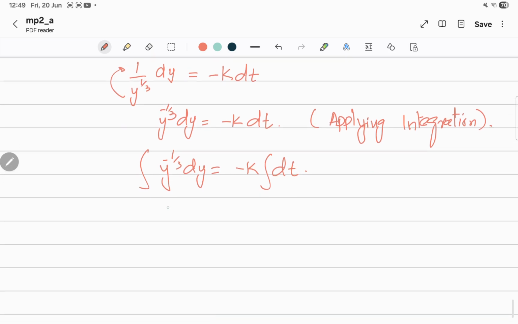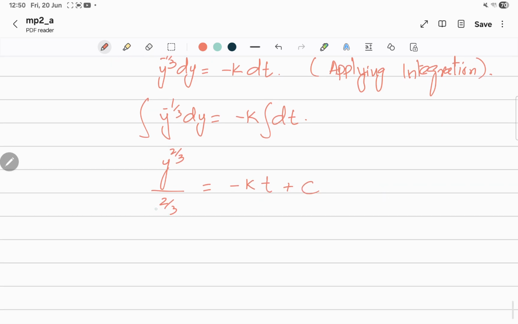This is a basic integration. If we apply the power rule, we need to add 1 to the power and divide by the same power. So it's minus 1 over 3, if you add 1 to the power, it will be 2 over 3, divided by 2 over 3, equals minus k times the integral of dt, which is t, plus constant of integration.